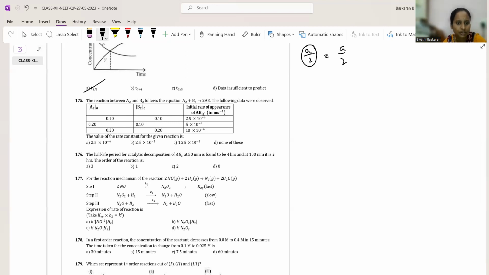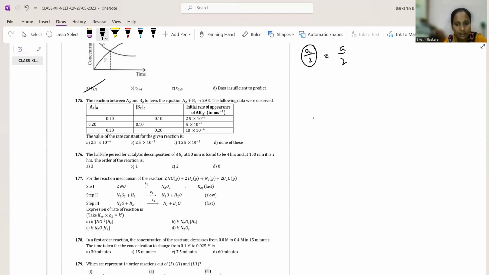As usual, we assume this entire set of values to be equation 1, this entire set of values to be equation 2, and this entire set of values to be equation 3. So which two equations shall we take now? We will take them in such a way that if these two values are the same, and this is raised to the power y, let me write it so I do not confuse you.